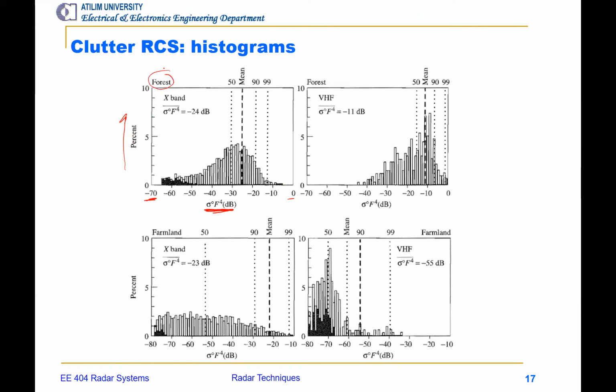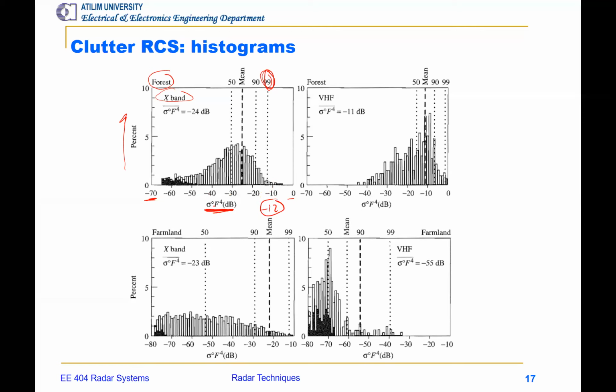For forest, for example, for X band, the mean value is somewhere between minus 20 to minus 30 dB, and about 99% of the RCS values are within the range of approximately minus 12 dB or less.